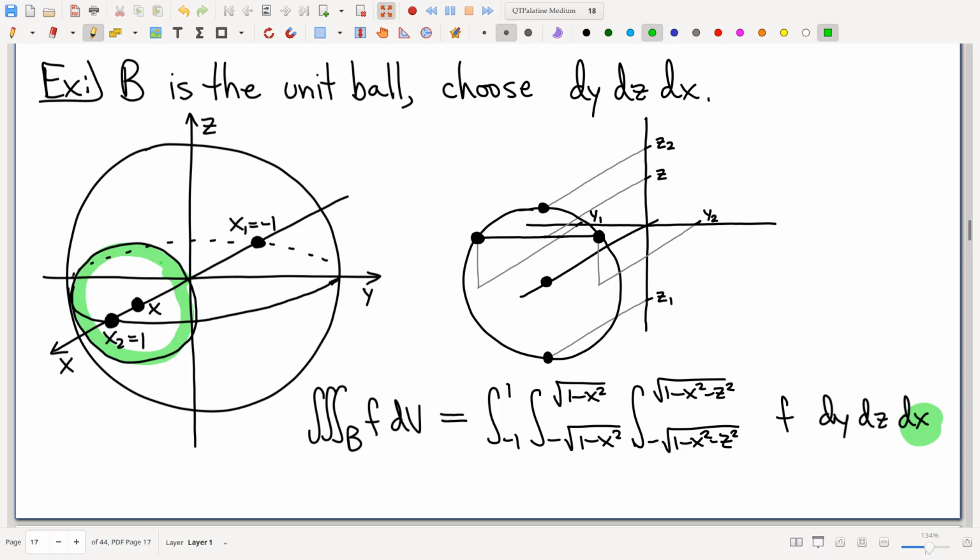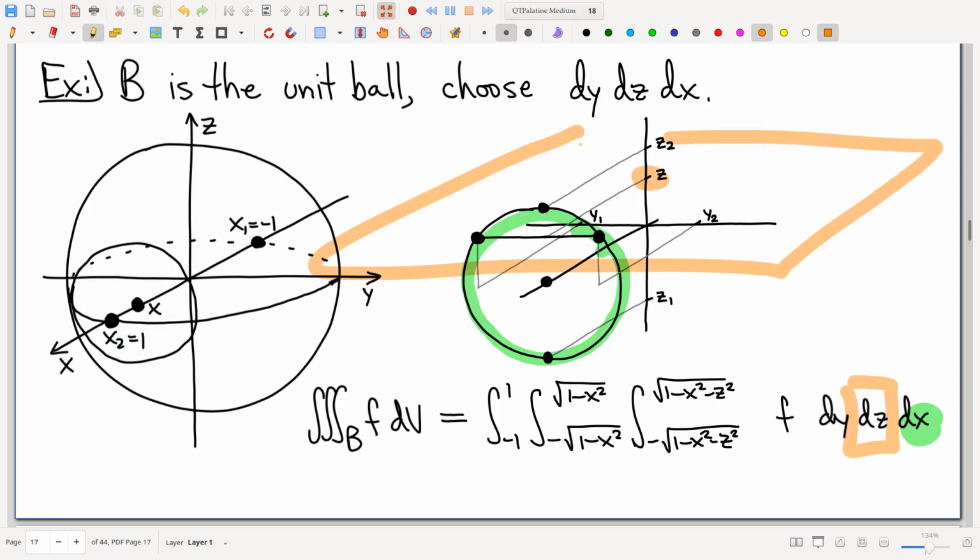If you have a solid ball, you take a slice perpendicular to the x-axis, it's going to be a disc. Given such a disk, the z slices, perpendicular to the z-axis, are little strips like that, little line segments like so.